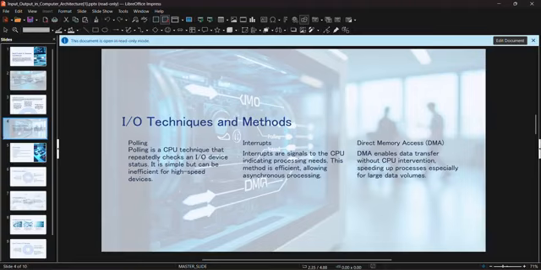And we have the direct memory access, the DMA. The direct memory access enables data transfer without CPU intervention. So the advantage here is that it drastically speeds up processes, especially for large data volumes. So the direct memory access looks like the best technique.